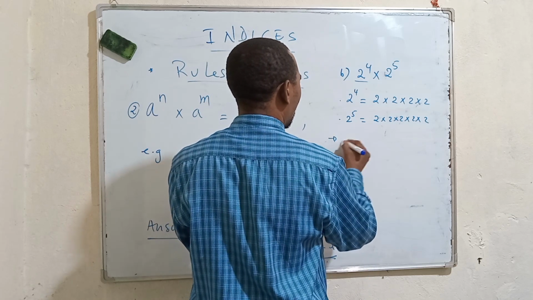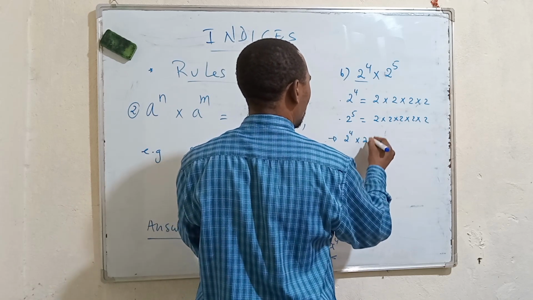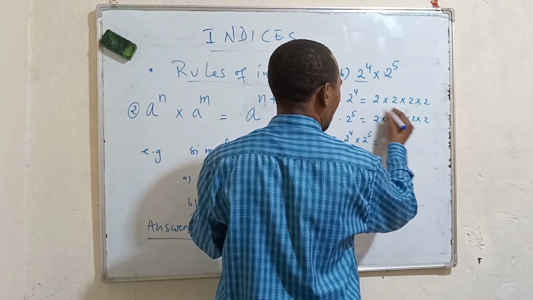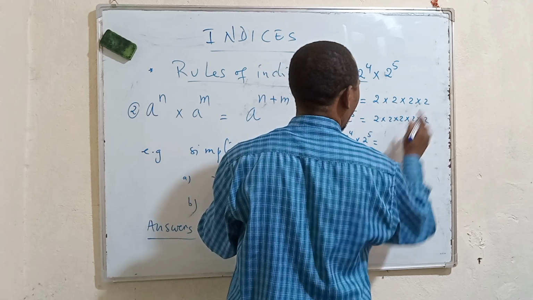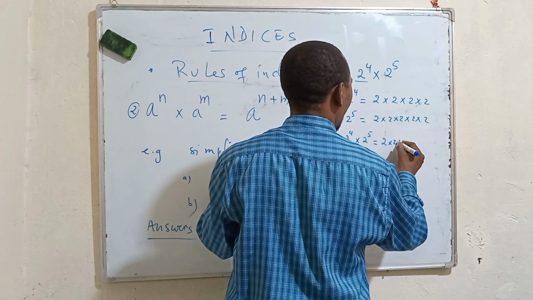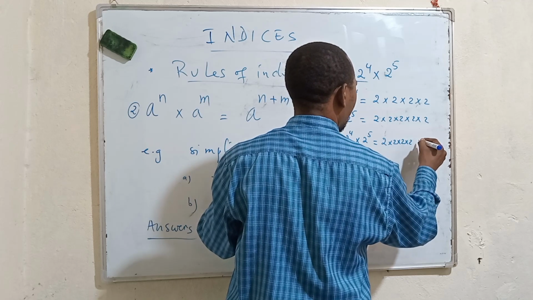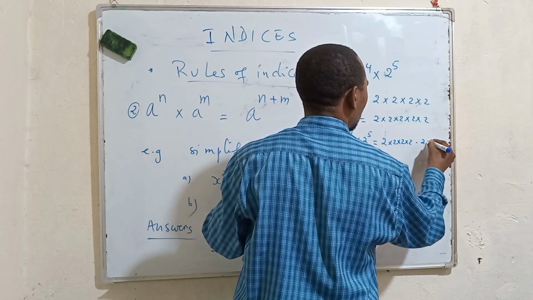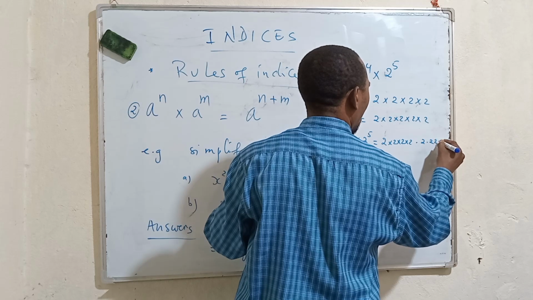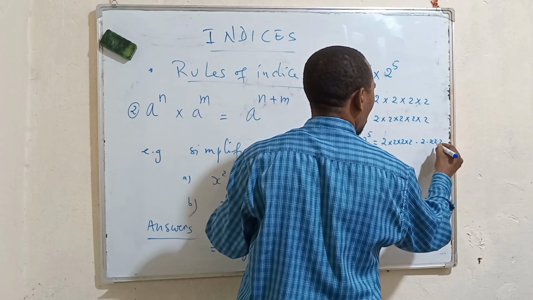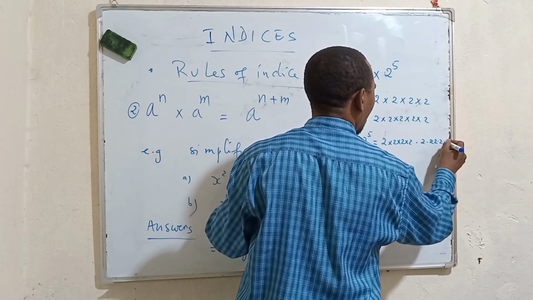When you combine them, 2 power 4 times 2 power 5 will be 2 four times and 2 five times.